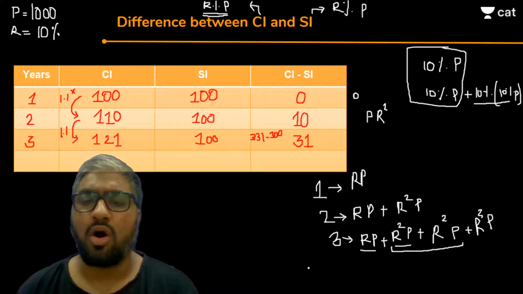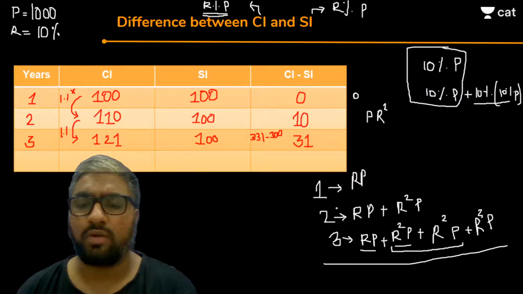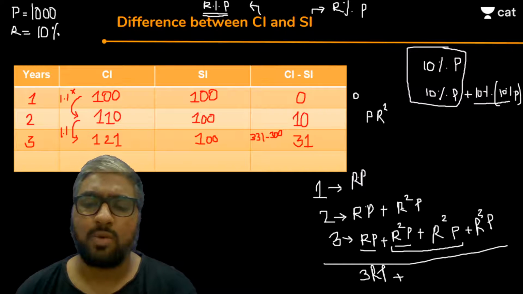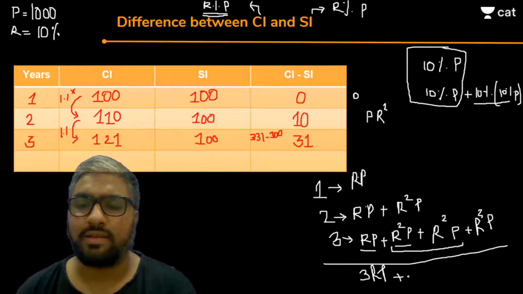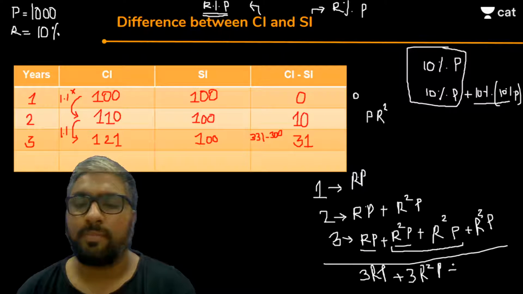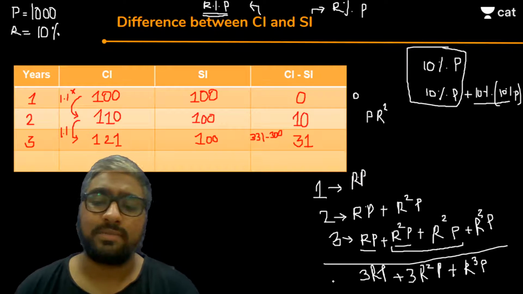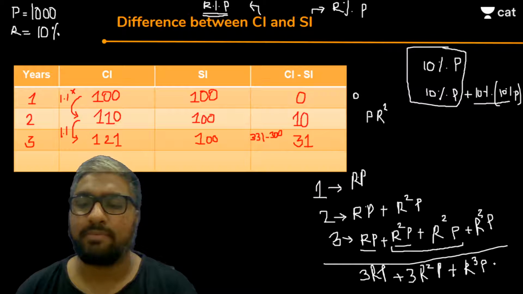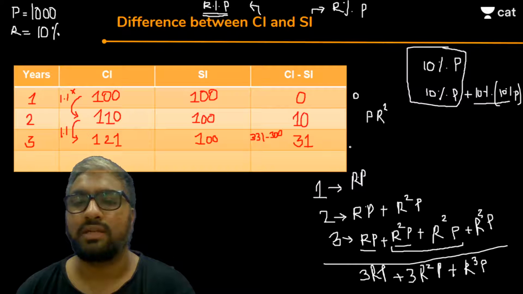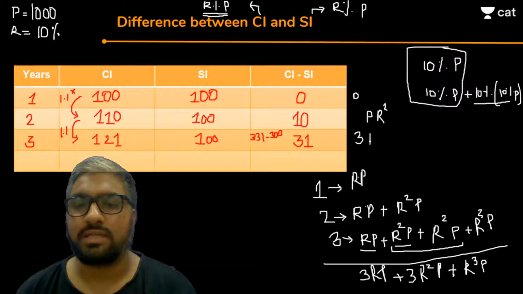So all 3 years together, we would have 3 times R percentage of P plus 3 times R square percentage plus R cube percentage. Now if I remove the simple interest part, which is R percentage of P for 3 times, what remains is R square percent plus R cube.